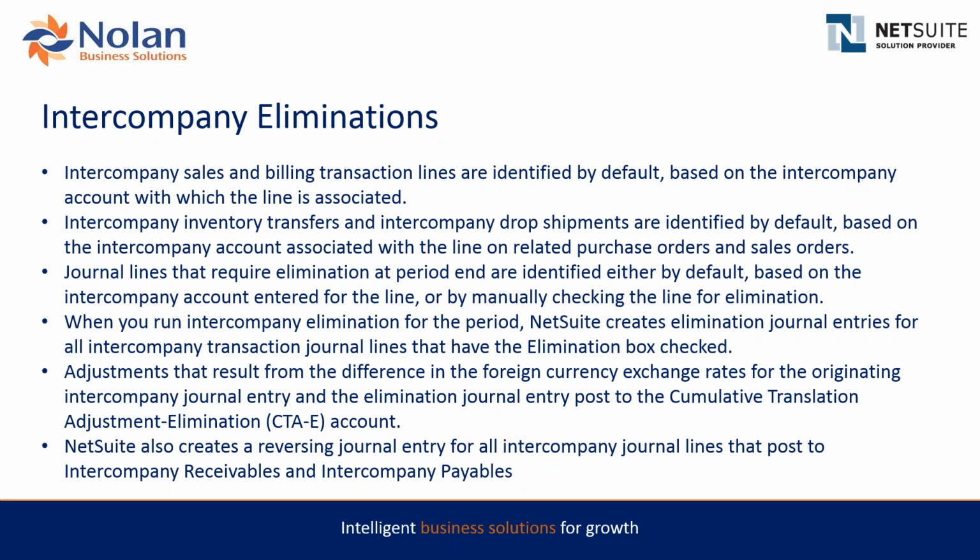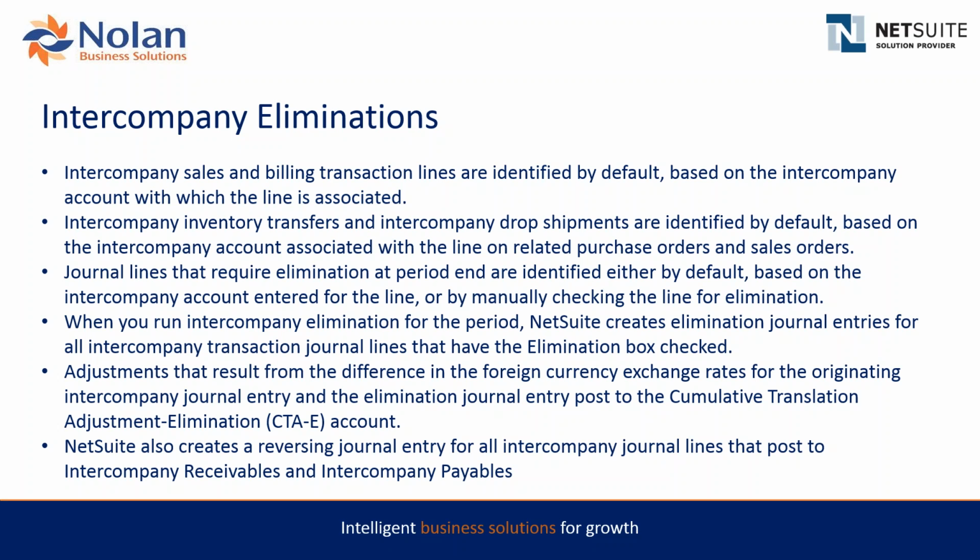Whereas journal lines that require elimination at period end will either be identified by default or by the account entered on the line, or, for example, you have the option to manually check the line for elimination. When you run intercompany elimination for a period, NetSuite creates an elimination journal entry for all intercompany transaction journal lines that have this elimination box checked.